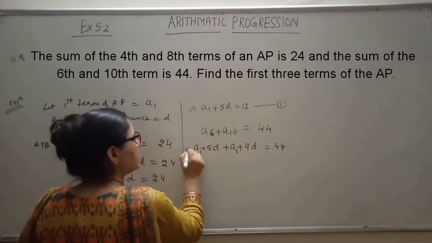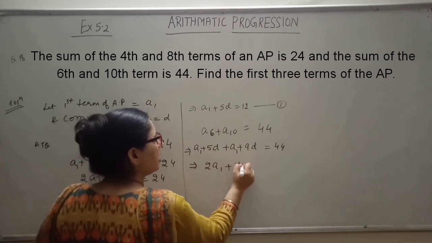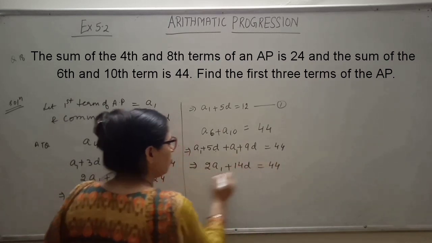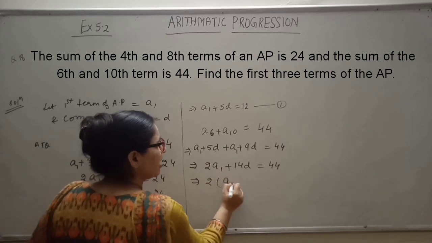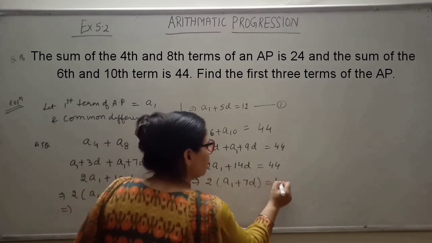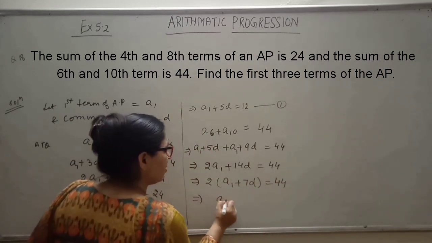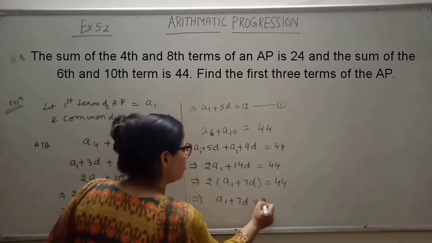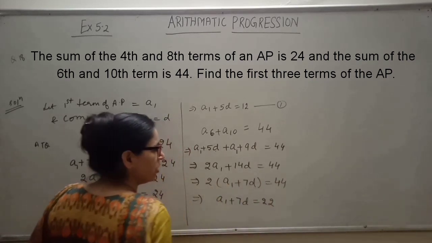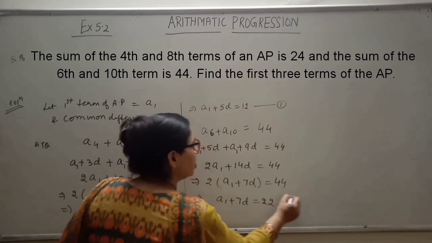So this implies 2A1 plus 14D is equal to 44. 2 is common, so this is A1 plus 7D is equal to 22. Divide 44 by 2. So this is number 2.